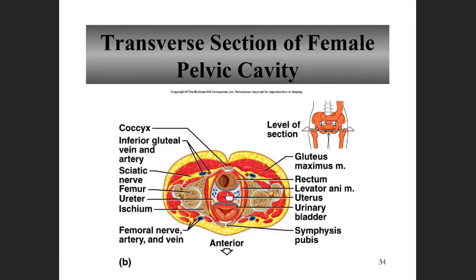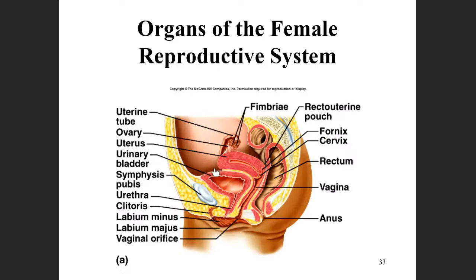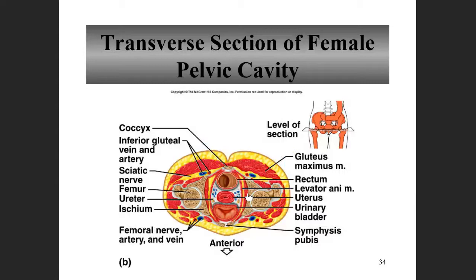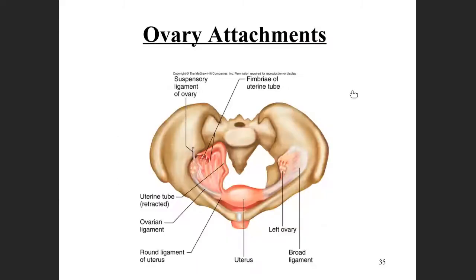It's kind of like the uterus is hugging the urinary bladder, which sits on top. All right, there's a lot of muscle here. I'm not going to talk about those muscles.